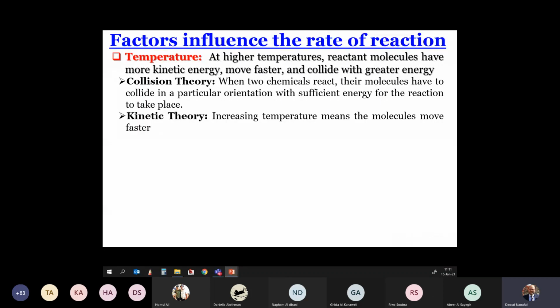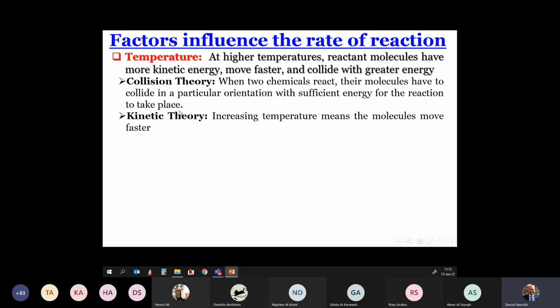So the increase of the rate of the reaction with temperature is based on two theories. The first is the collision theory, and the second is the kinetic theory. In the collision theory, when two chemicals react, their molecules have to collide in a particular orientation with certain energy for the reaction to take place.